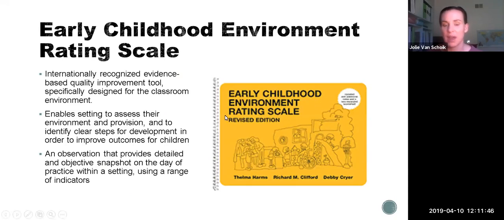So you're going to buy this, or get your hands on this, or the infant-toddler or the school-age version as well. If you are working in our lab school, you need to have the Early Childhood Environment Rating Scale because that's the kind of ages that we have within our lab school. You'll be at Menifee and you'll be able to sit there in the computer lab and watch what's going on over at San Jacinto. It's fantastic. If you just want to check out our lab school, this is a great way without having to get your vaccinations.